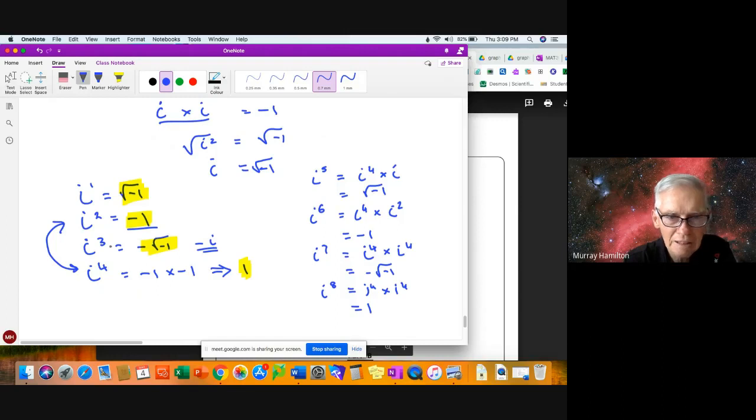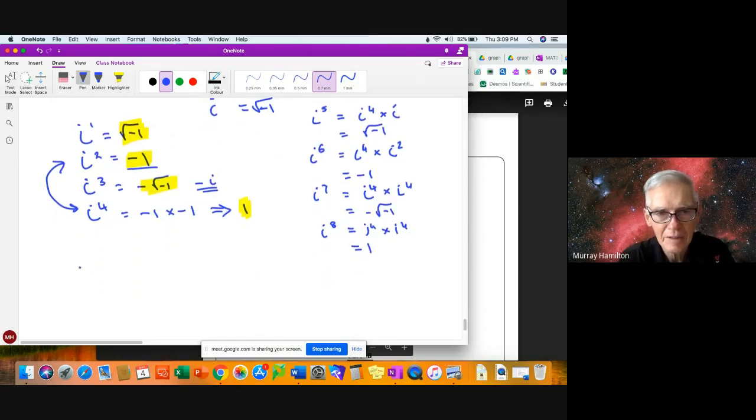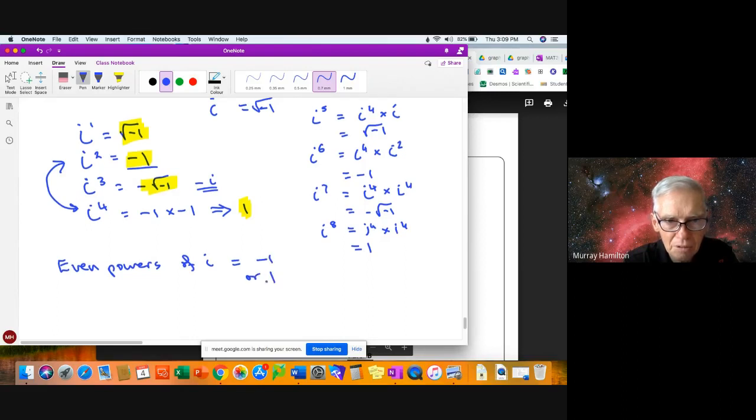So even powers of i equal negative 1 or positive 1. Okay? If it's divisible by 4, the even power, it's always going to be positive 1. If it's not divisible by 4, it's going to be negative 1.